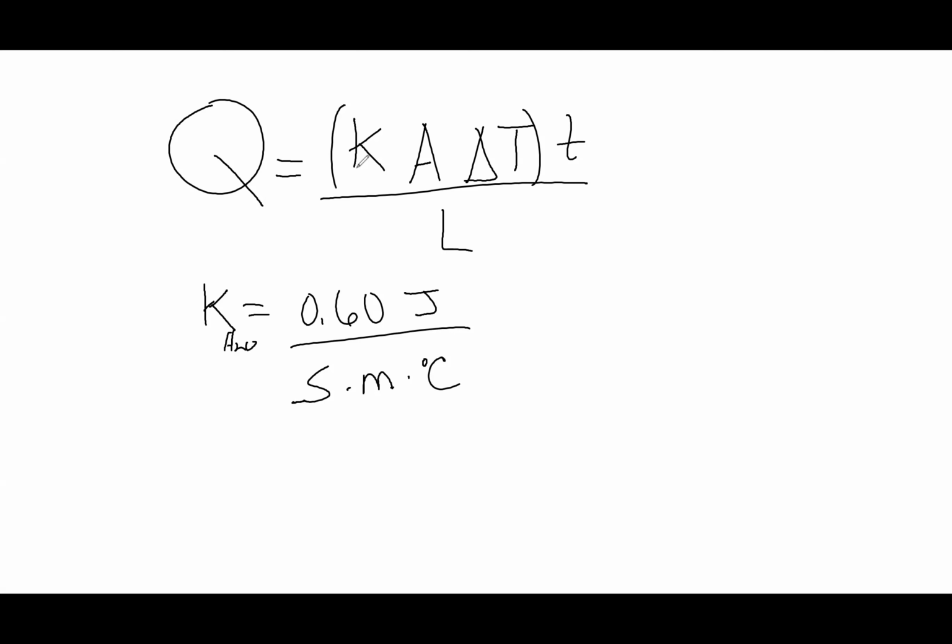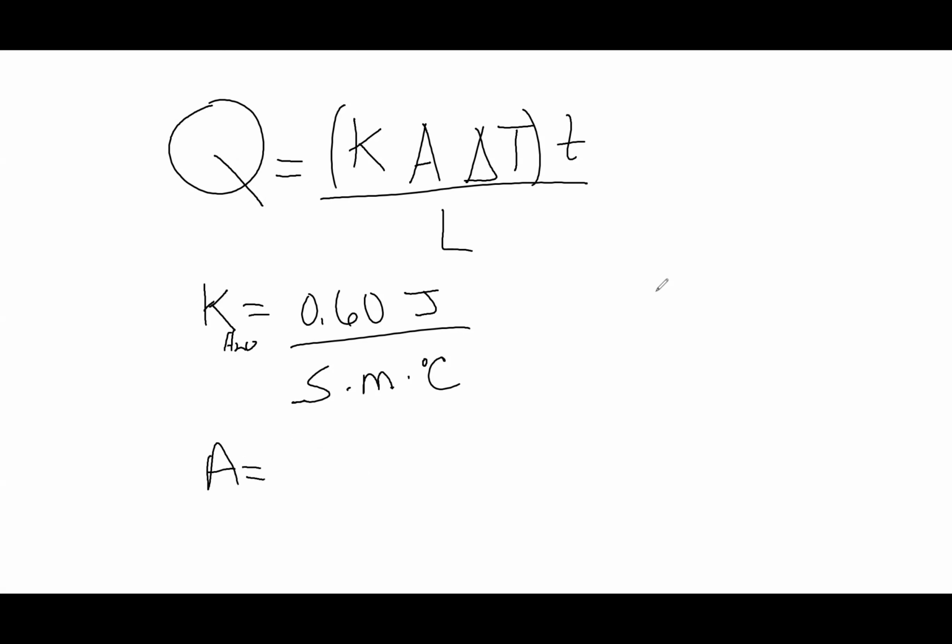We have a problem coming up that we're going to solve in just a minute, but that is the thermal conductivity. Now, the area, of course, in this section is the cross-sectional area. The cross-sectional area will be determined by the shape.